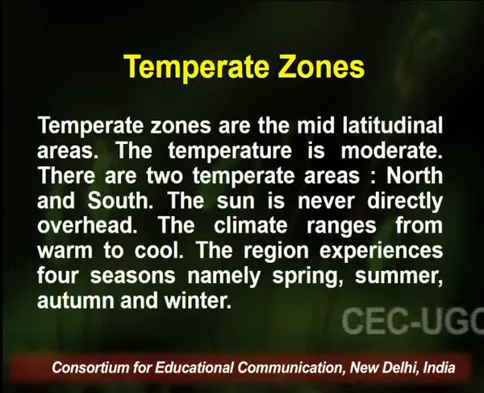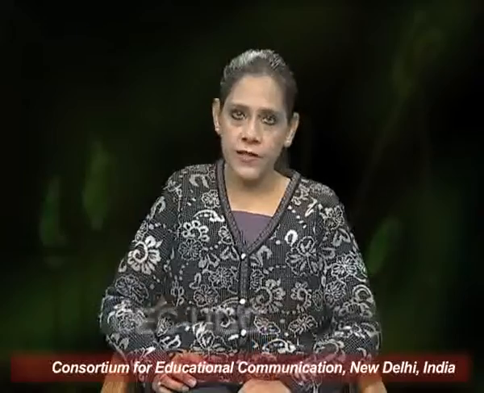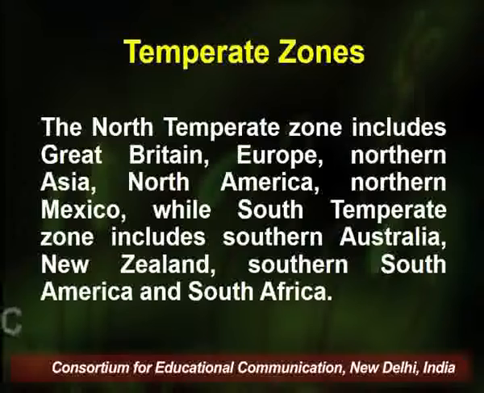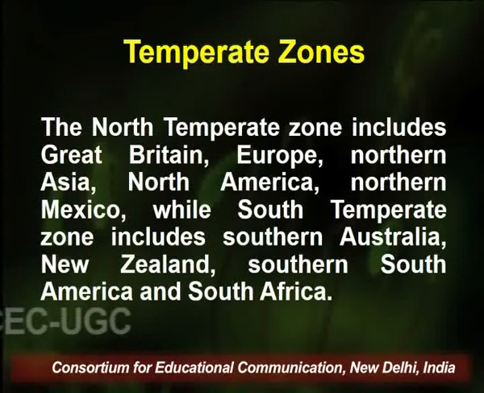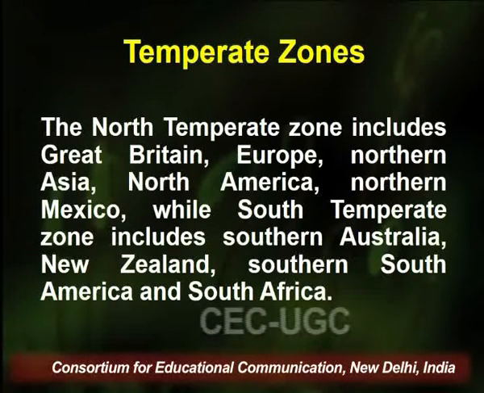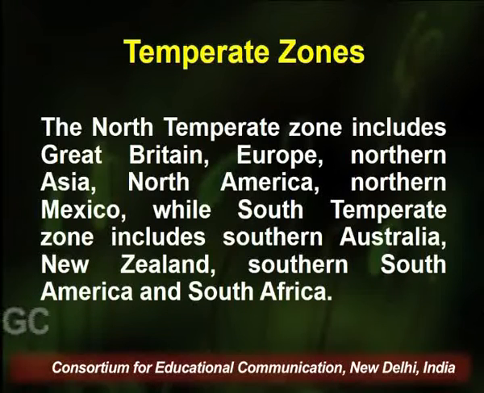This region experiences 4 seasons, namely spring, summer, autumn and winter. The north temperate zone includes Great Britain, Europe, Northern Asia, North America, Northern Mexico, while the southern temperate zone includes Southern Australia, New Zealand, Southern South America and South Africa.